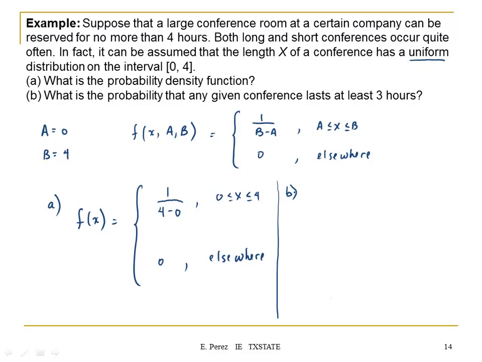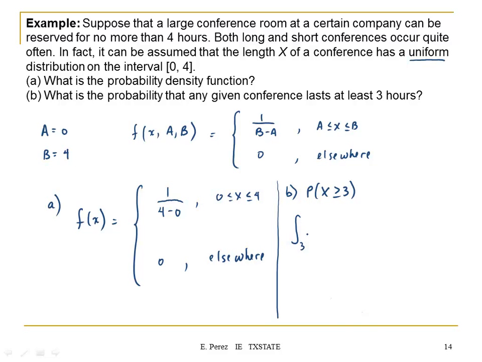We are looking at the probability of x being greater than or equal to 3. So how do you find that probability? You have the PDF. What's that? Integrate. Correct.